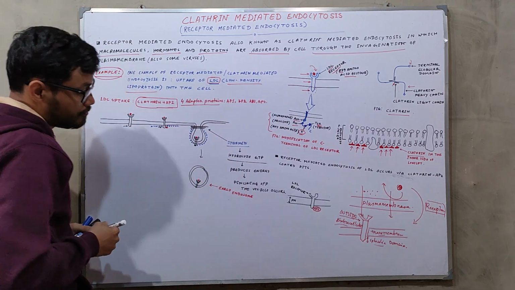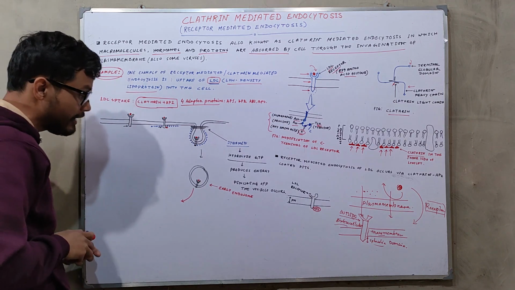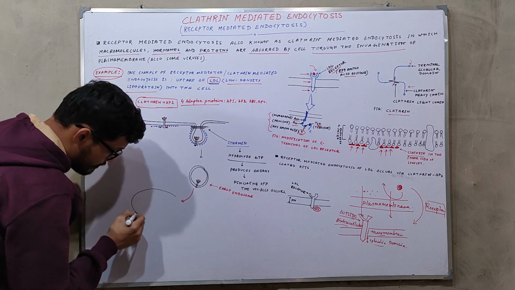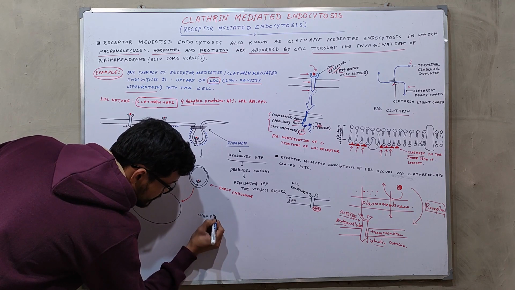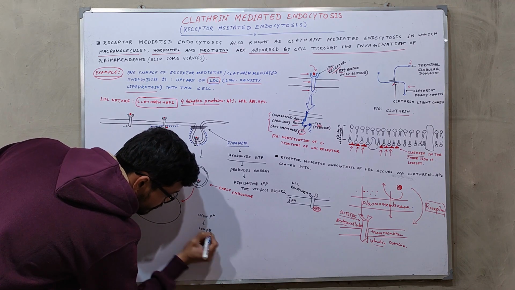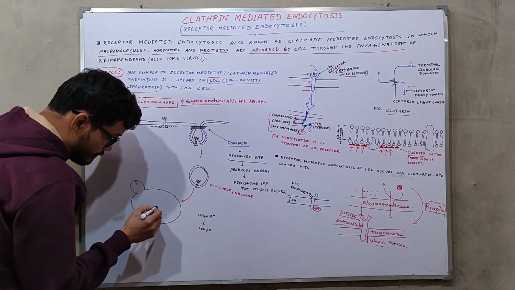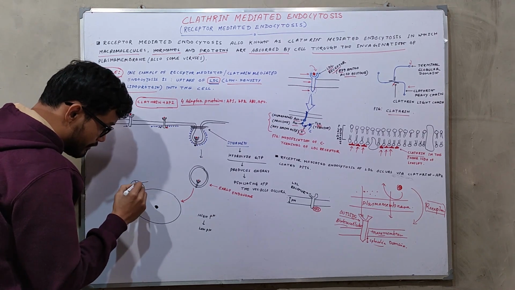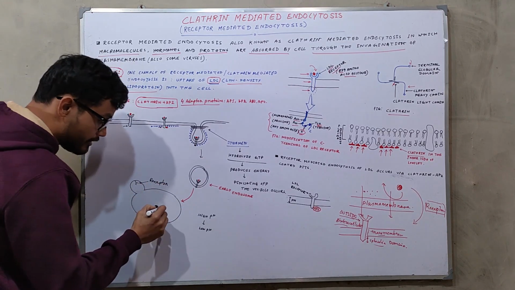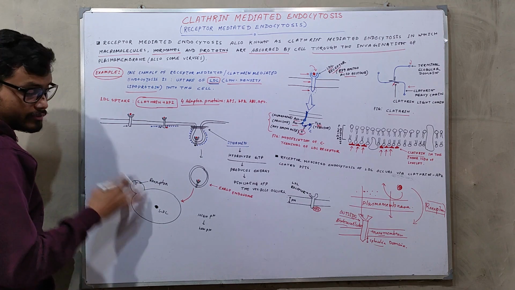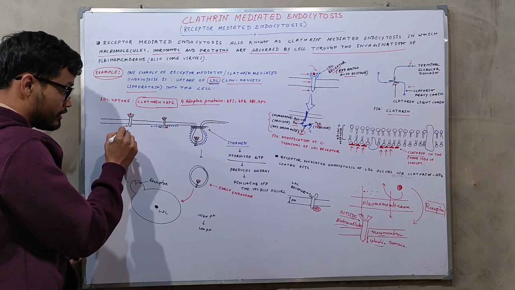In the case of the early endosome, the endosome is getting inside of the cell and a pH change occurs. So whenever the pH change occurs, that means from high pH to low pH, then the receptor gets separated from the LDL. So now the receptor is separated from the LDL, and these receptors go back to the plasma membrane.